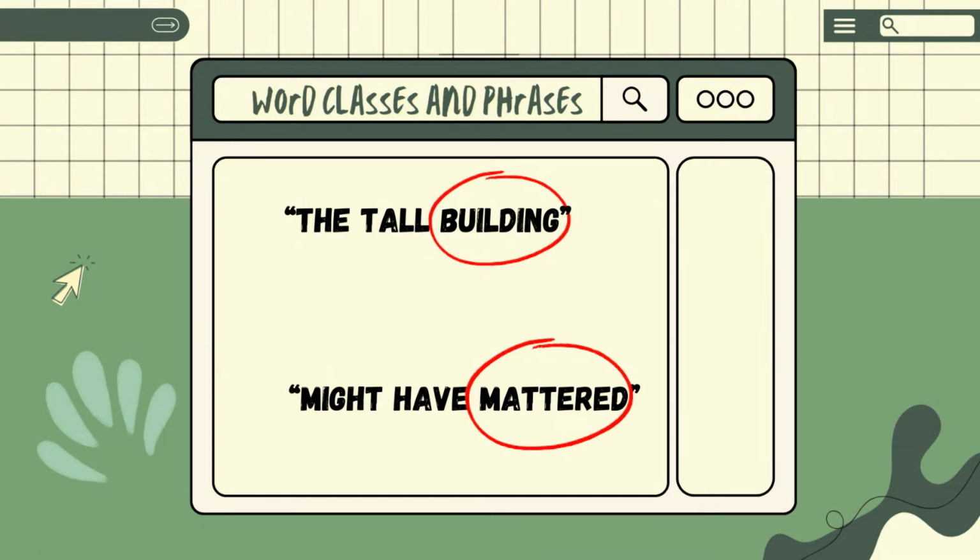Similarly, in the verb phrase, Mike has metered, the main verb metered is the head, and auxiliary verbs support it. Other common phrase types include adjective phrases and prepositional phrases. Each phrase type is centered around a word class, giving English its rich structure.